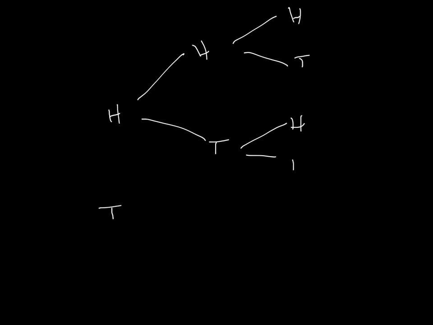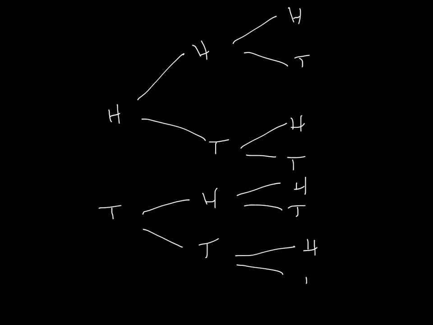So the first thing that we need to do is draw our tree diagram. We have heads and tails as our possibilities. Heads and tails. So heads might happen for the first kid. Then we're going to have our second kid, heads and tails. Then we're going to have our third, heads and tails, heads and tails, heads and tails, heads and tails. So, looking at this, if we know that heads is a boy and tails is a girl, we can figure this out.